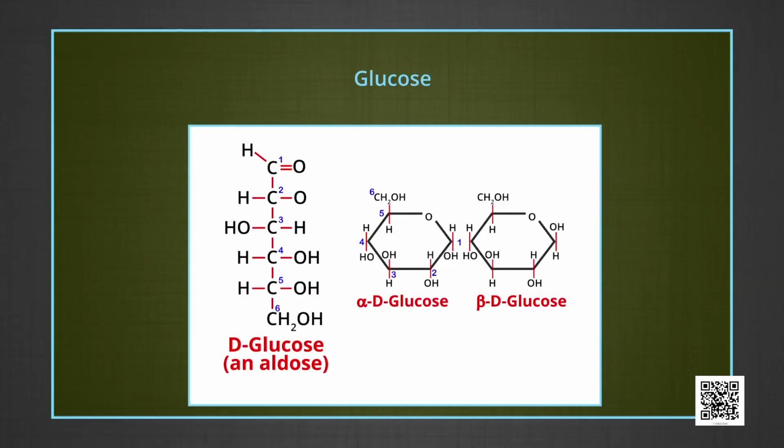But in ring form, alpha represents the first carbon where the OH group is below the ring. But in case of beta, the OH group is on the upper side of the first carbon. So alpha and beta differ just by the position of the OH group. In alpha form, the OH group is below the ring and in beta, the OH group is above the ring.